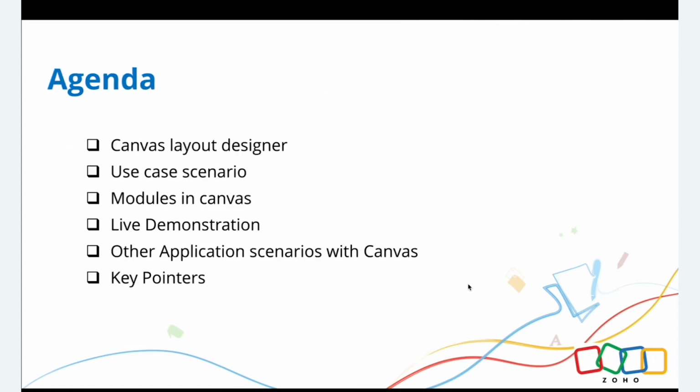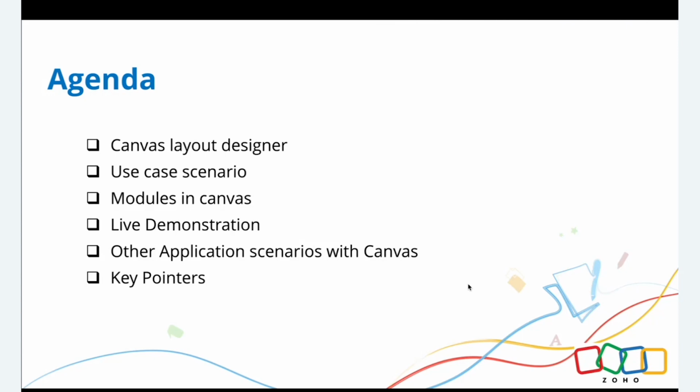I have brought an agenda with which I'll be driving you throughout the session. First we will discuss Canvas Layout Designer and how to use it in Zoho Creator. Then we'll discuss a small use case scenario, on top of which I'm going to showcase how to use this Canvas Layout Designer, and we will see a live demonstration of the same.